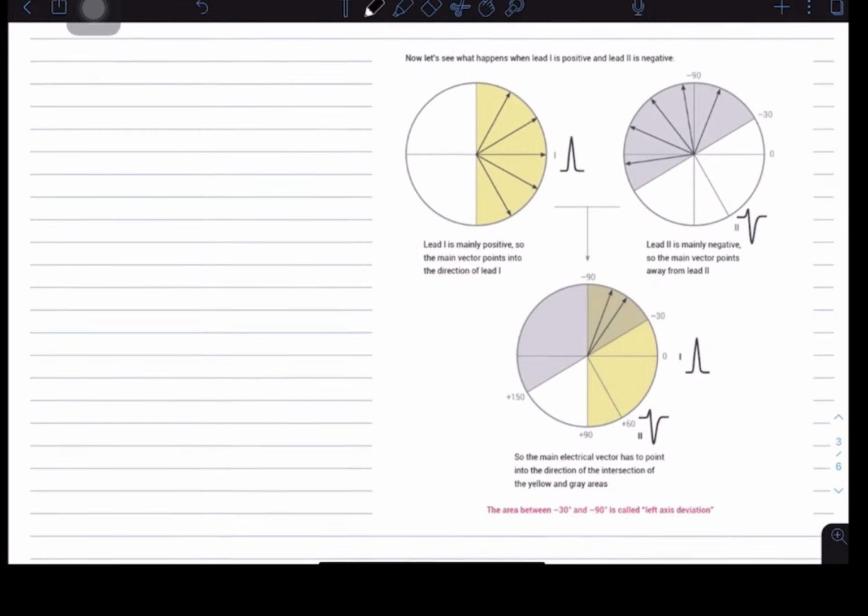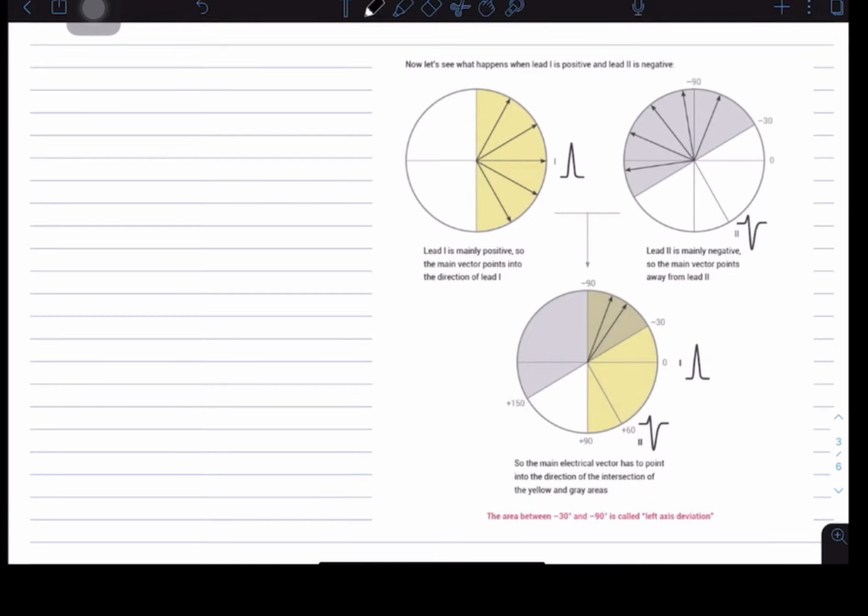Let's see what's that. So from the starting as the rule, we check the lead 1. If the lead 1 is positive, we check the lead 2. So here in this example, lead 1 is positive and lead 2 is negative. So the lead 1 positive vector is going towards the lead, that's why it's positive deflection.